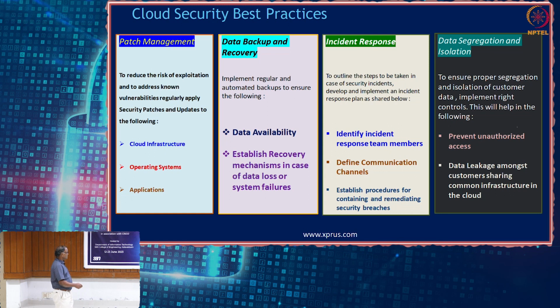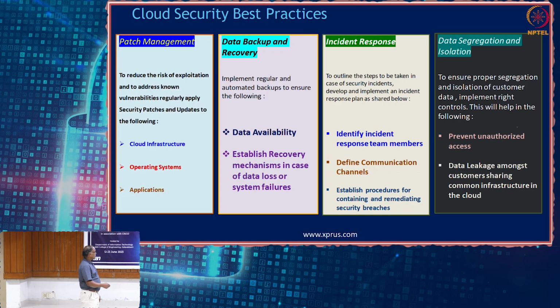So these three layers, how do you manage at the infrastructure layer? How do you apply the patches? For example, for a firewall, Cisco or Juniper provides the patch. Who applies the patch? If it is the operating system, Linux or Windows or whatever, who applies the patch? And applications, anyway, are the responsibility of the end user, except in the SaaS model, because you don't manage the application in SaaS.